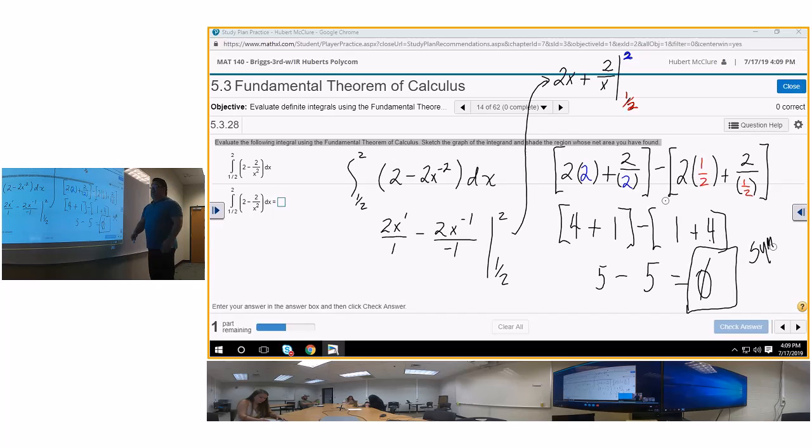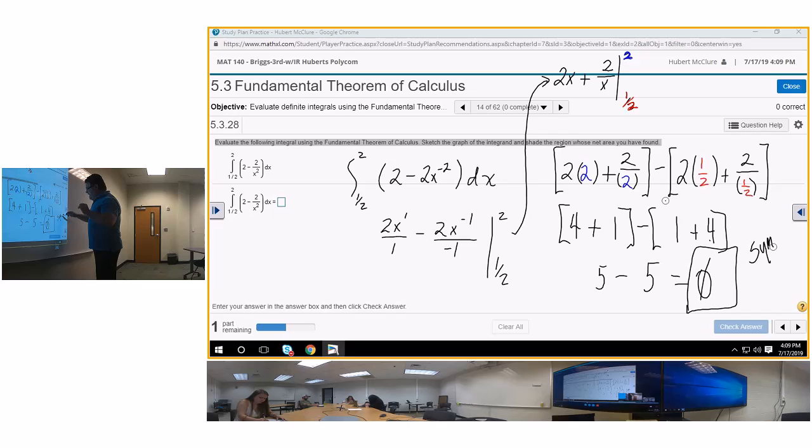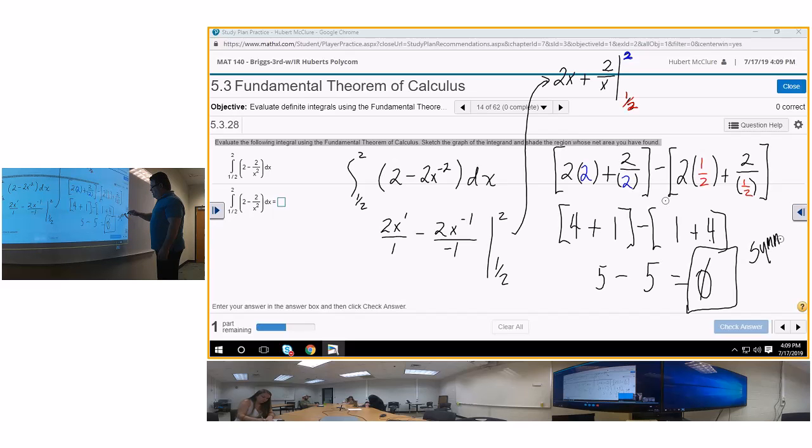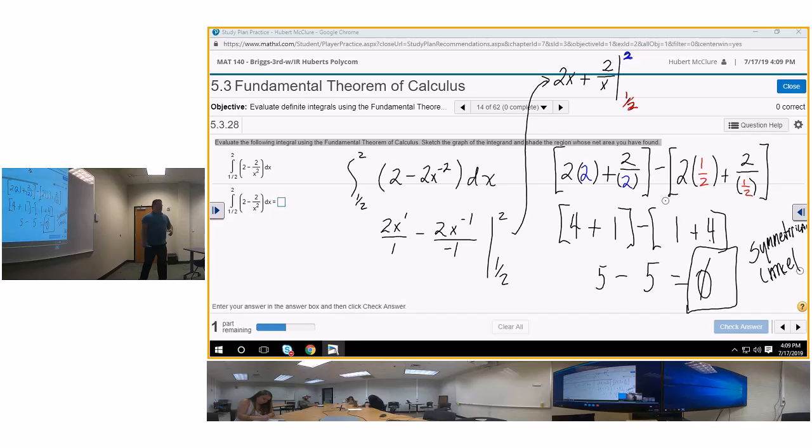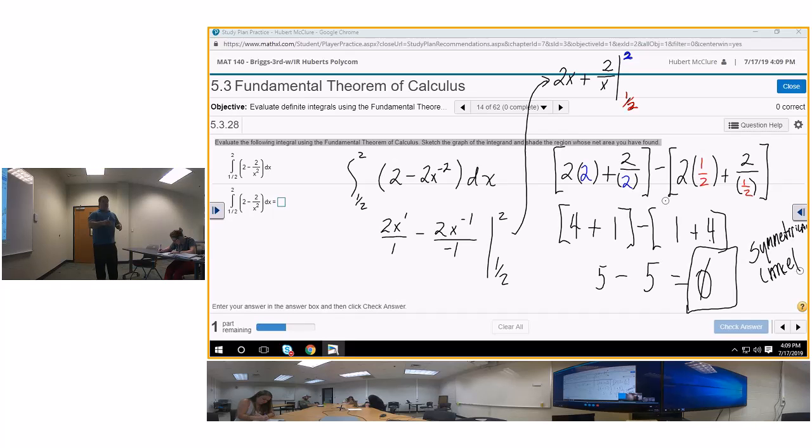Not cancer. Symmetrical cancel. Meaning that you have one that's positive area, that means above the x-axis or across the origin, versus the same area that's below. Let me give you an example of what I'm talking about.